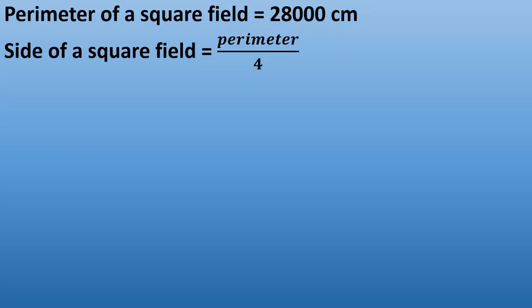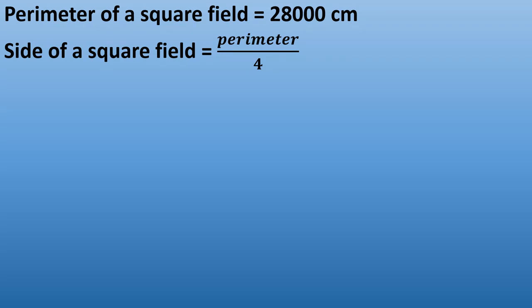So perimeter of a square field is equal to 28,000 centimeter. Now in this question we have to find out the side of this field. Side we don't know. This is the perimeter. Okay, side we don't know.